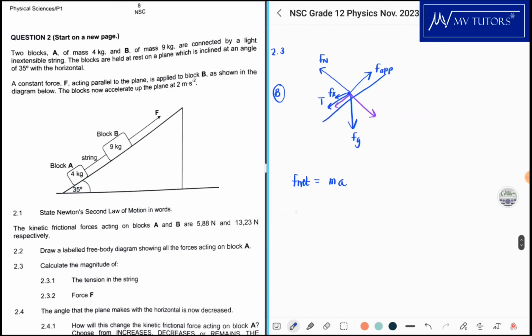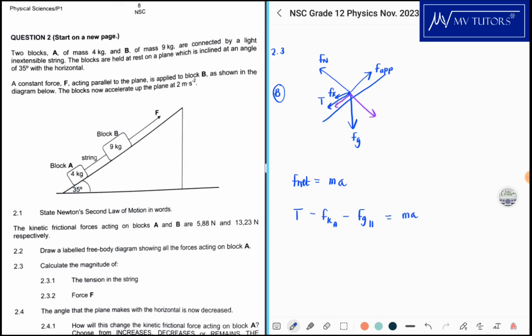So let's put that in place. So tension minus our frictional force for A minus our gravitational force, the parallel component. So that's the net force acting on it, and that is equal to mass times acceleration.